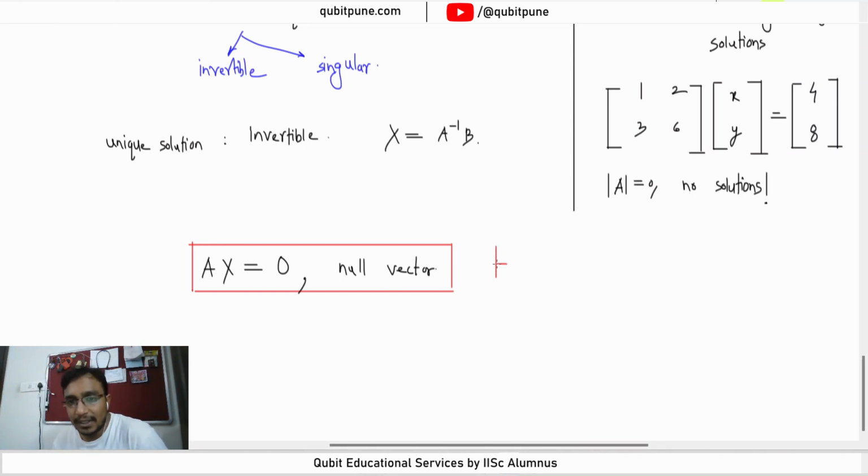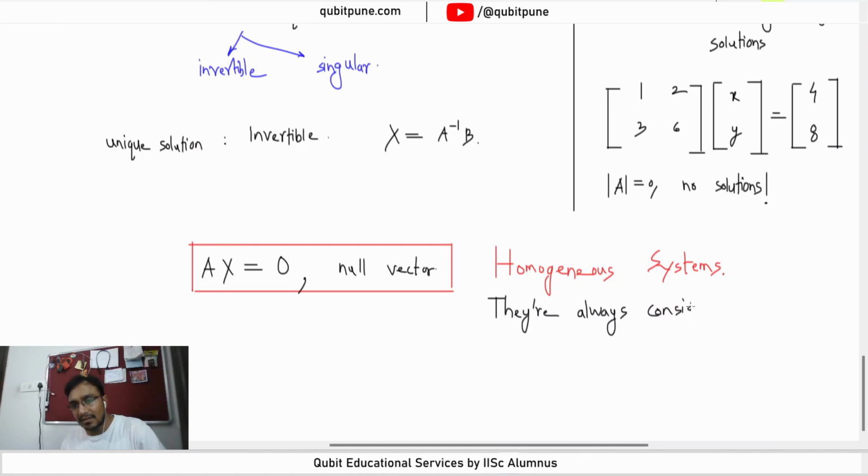They are called homogeneous systems. Okay, they are called homogeneous systems. Now the speciality of homogeneous systems is that they are always consistent. Can you tell me why they are always consistent?